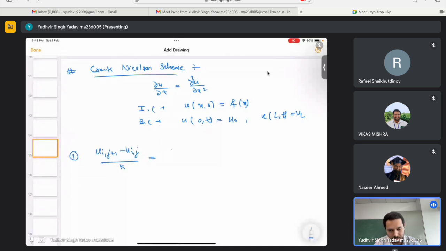And here we will use second order central difference scheme. It is u i plus 1 j minus 2 u i j plus u i minus 1 j divided by h square. So let us say this is equation 1.